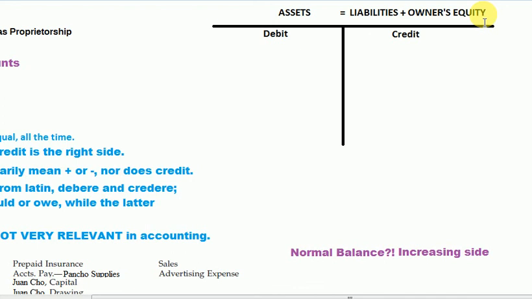They are equal. They are equivalent in their value. And so asset on the left is equal to the sum of liability plus owner's equity.